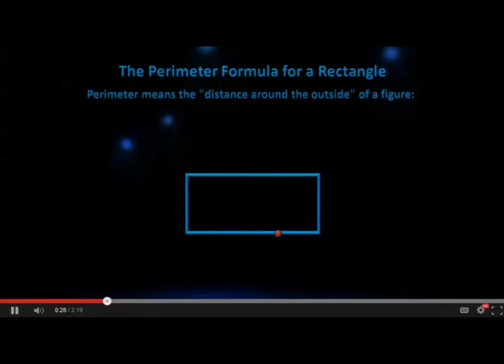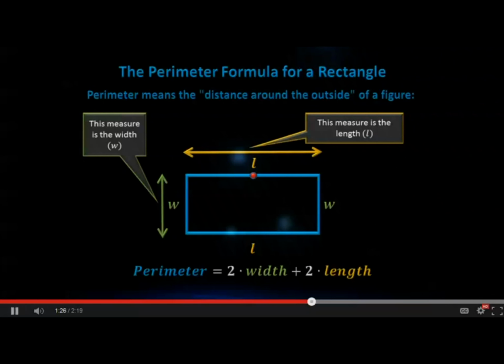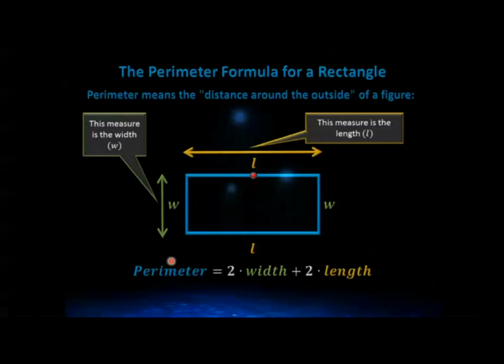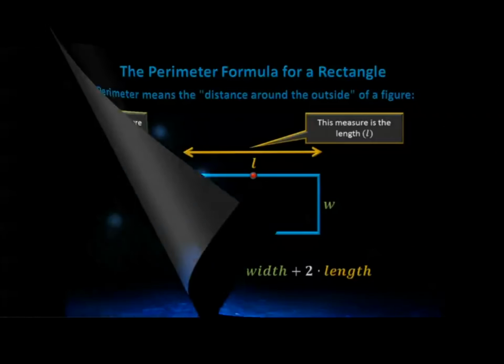Perimeter means the distance around the outside of a figure. The perimeter of a rectangle is equal to 2 times the width of the rectangle plus 2 times the length of the rectangle.